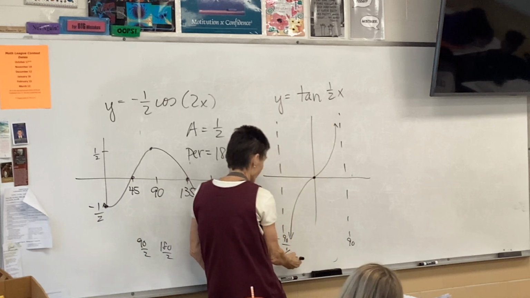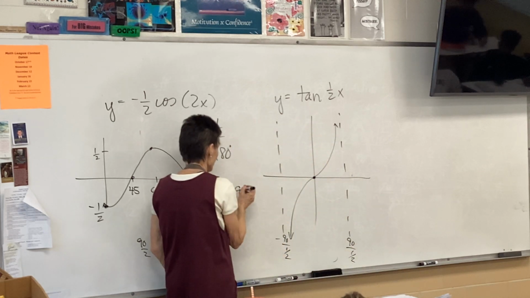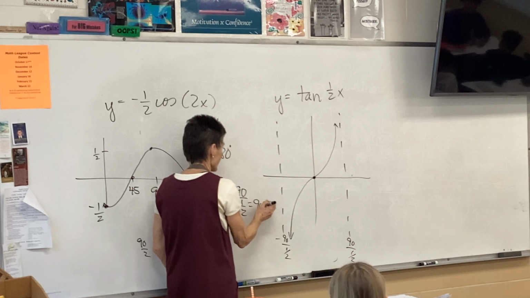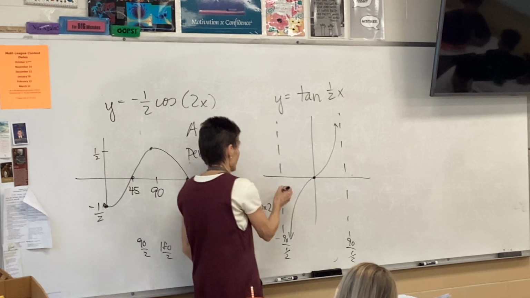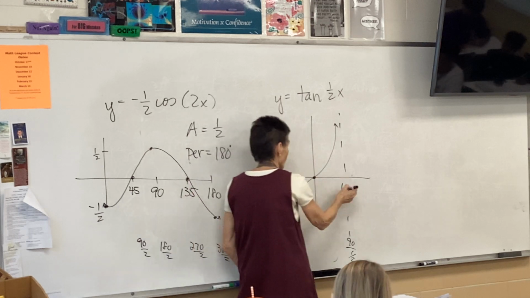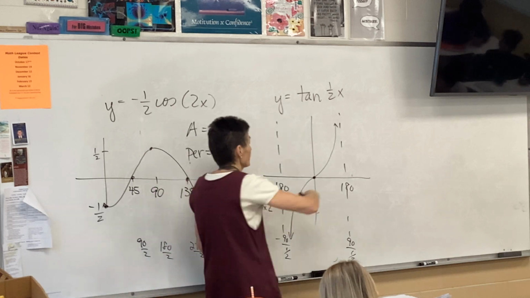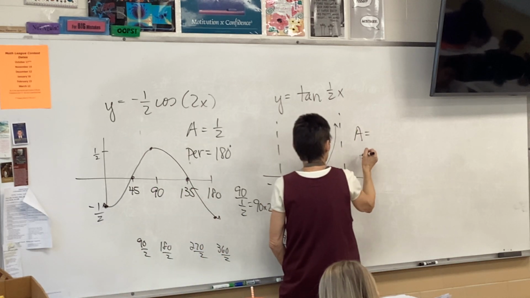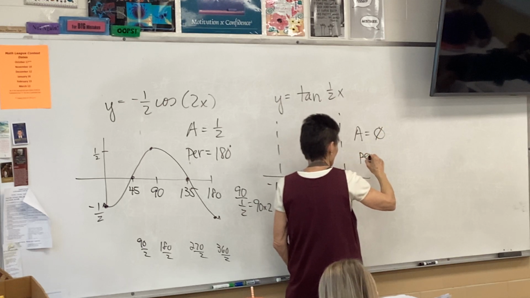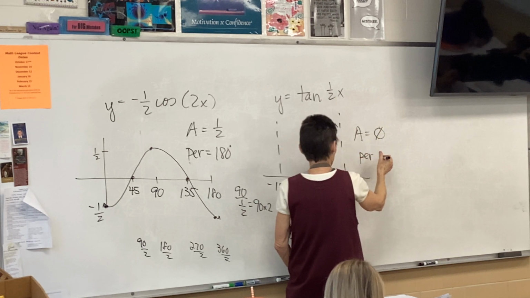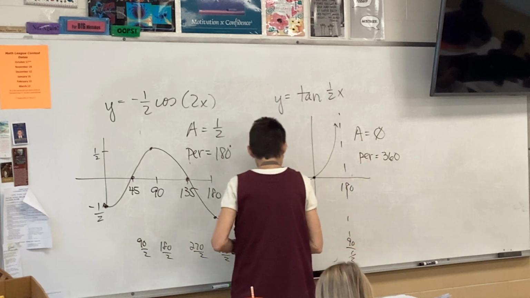These are divided by a half, and 90 divided by a half is the same as 90 times 2. So 180 negative and 180 positive. What's my amplitude? None. There is no amplitude for any tangent ever. And what's my period? Yep, 180 to negative 180, 360.